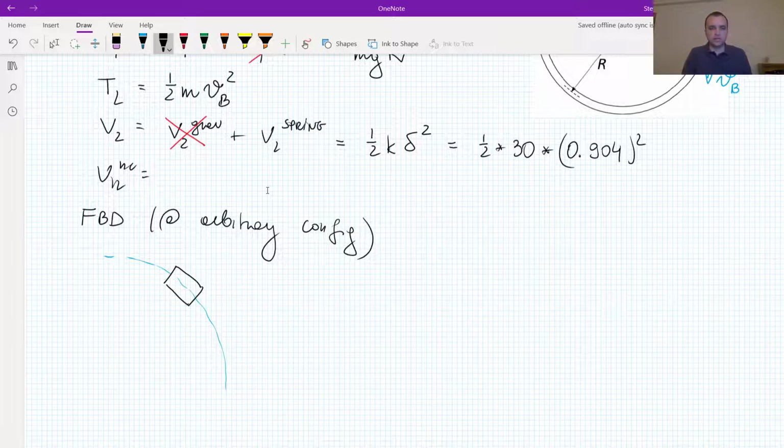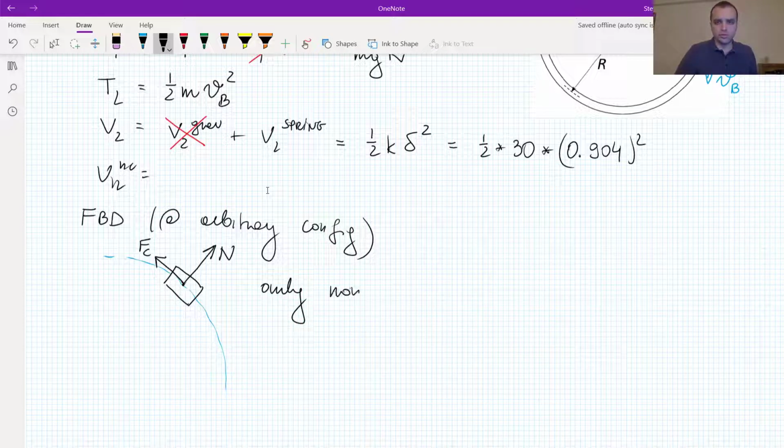The non-conservative forces acting on our system are the normal force and also Fc. The other two forces come from gravity and spring, and they are conservative, so I'm not going to include them here because these are only non-conservative forces.